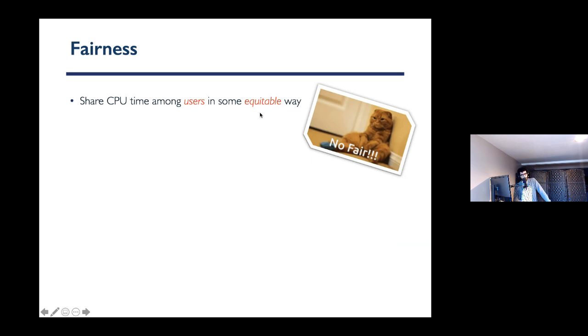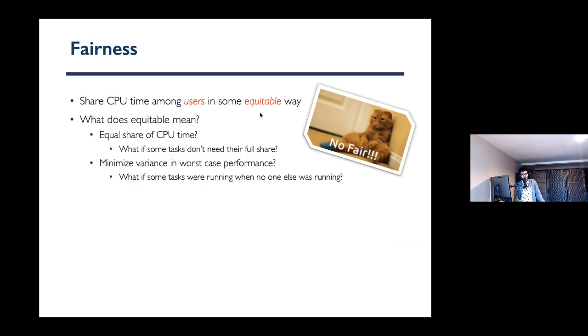Now, the other metric that we might want to consider is fairness. We might want to be fair among our threads, among our users, or among our processes. You can see that these are different, right?